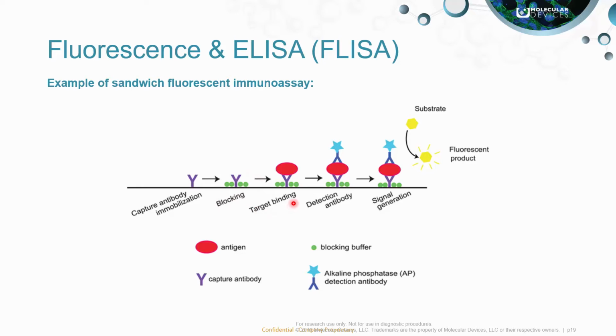Upon target binding to the capture antibody, an alkaline phosphatase-tagged detection antibody specific to the antigen is added. Addition of a fluorescent substrate activated by ALP generates a detectable fluorescent signal, indicating successful binding events.